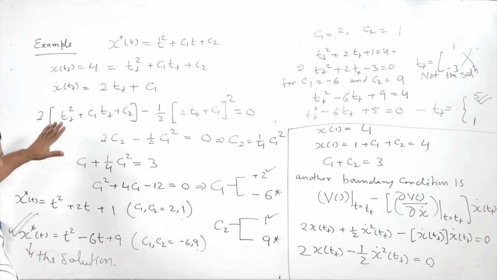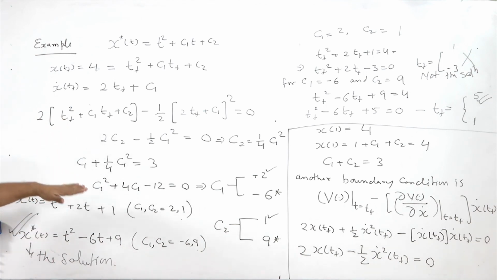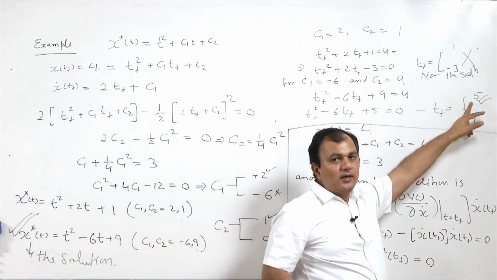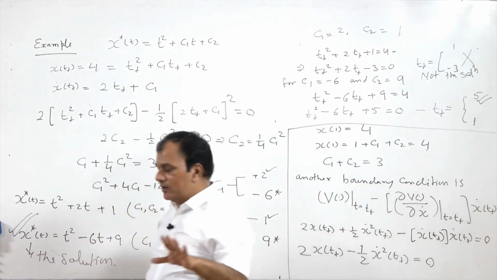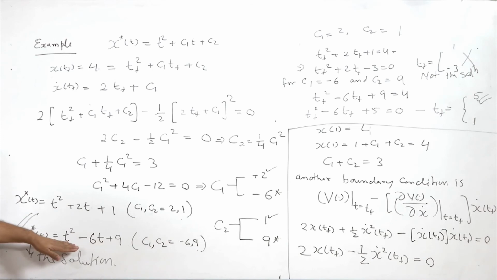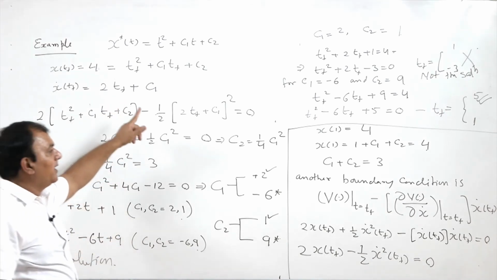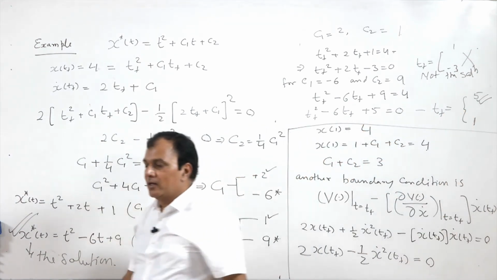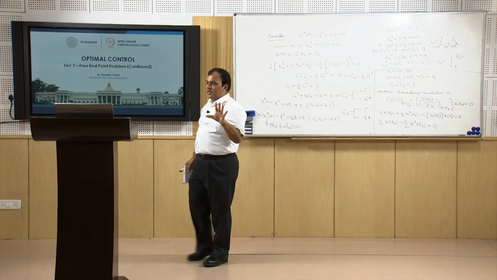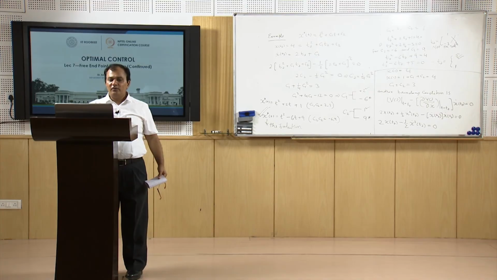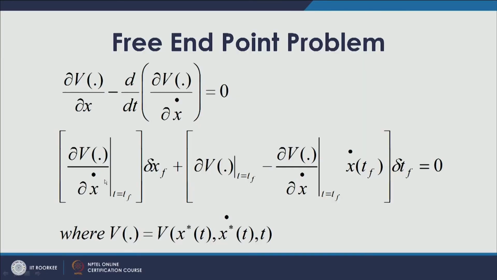In such a problem we have to find out the constants and simultaneously we can also find TF. So, the optimal trajectory here will be t squared minus 6t plus 9 and the optimal time will be TF equal to 5. All the unknown parameters we can find simply by solving these two equations.